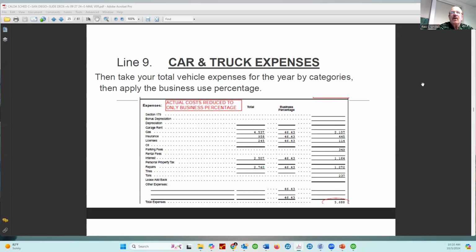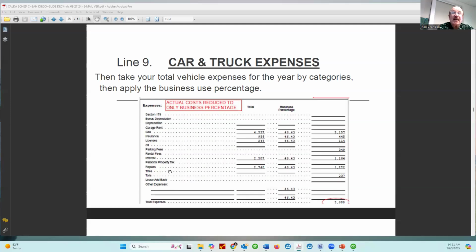Then what we do is take the total vehicle expenses for the year by categories, then apply the business use percentage that we just developed. So we're describing the vehicle costs: gas, oils, repairs, maintenance, insurance, license, parking, everything to do with the vehicle.